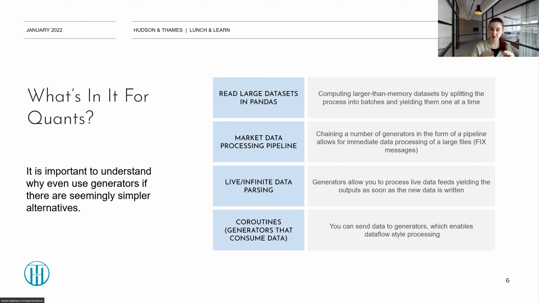And let me be more specific. For example, fixed messages that Professor DePrada mentions in his approach to data structures. Those fixed messages can be encoded, decoded, and put into very comfortable-to-use dictionaries using an incredibly fast pipeline of a number of generators stacked one by one, chained one by one, right?